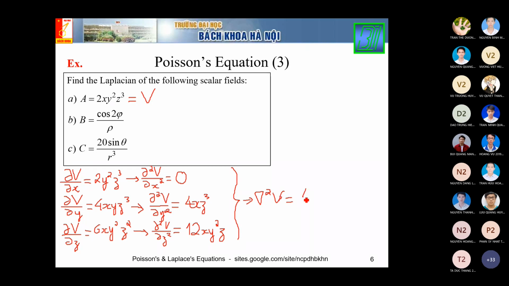You will add 0 to 4xz to the power 3 to 12xy squared z. This is the final result.